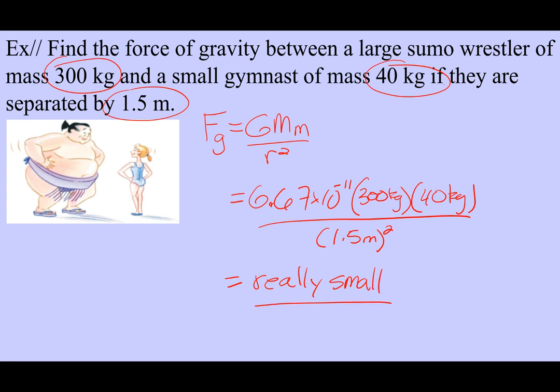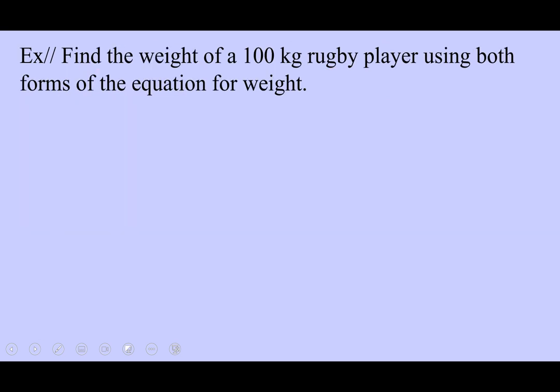I'd encourage you to punch it in, get a number that's really small. Something times 10 to the negative 7 kind of rings a bell with me, but I can't remember for sure. But give it a try, and then pause and compare with somebody near you. If you get the same thing, it's probably right. And it should be really small because, people may or may not be attracted to each other, but it's not because of Newton's laws of gravity.